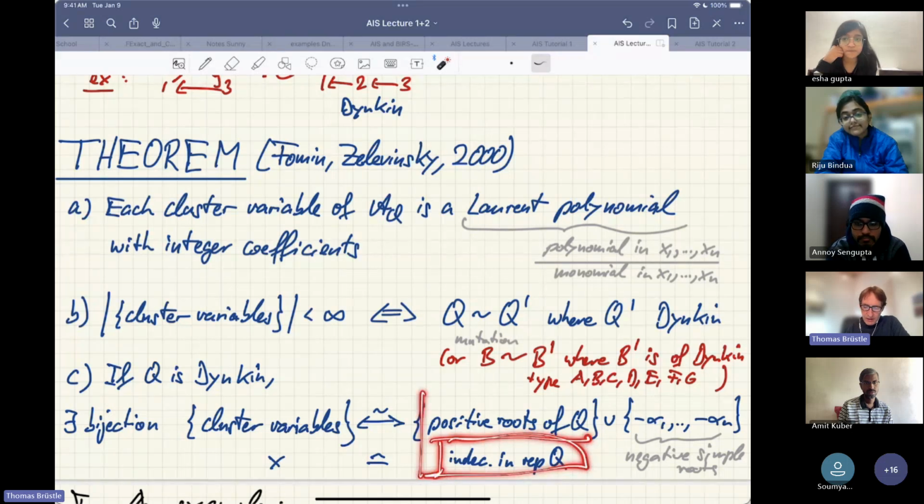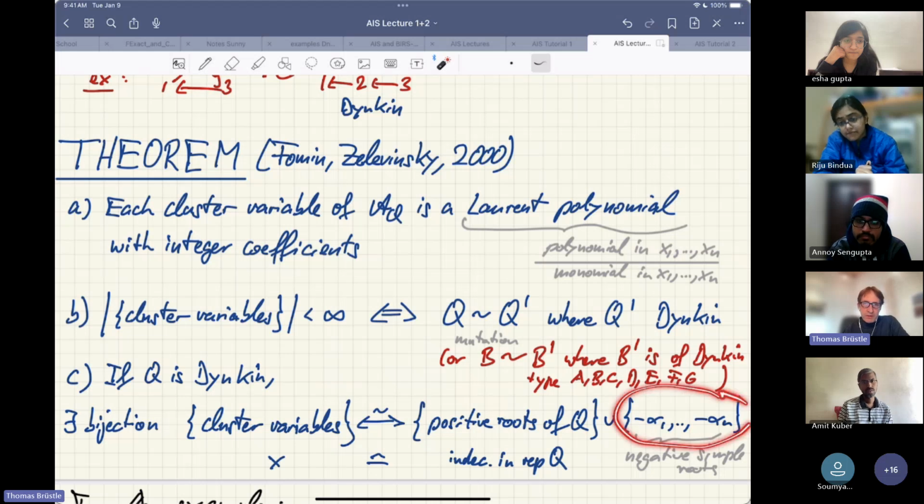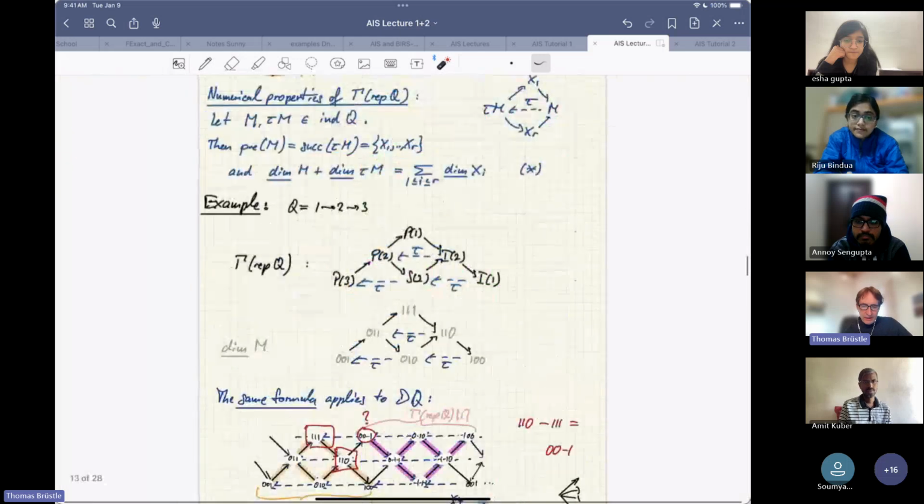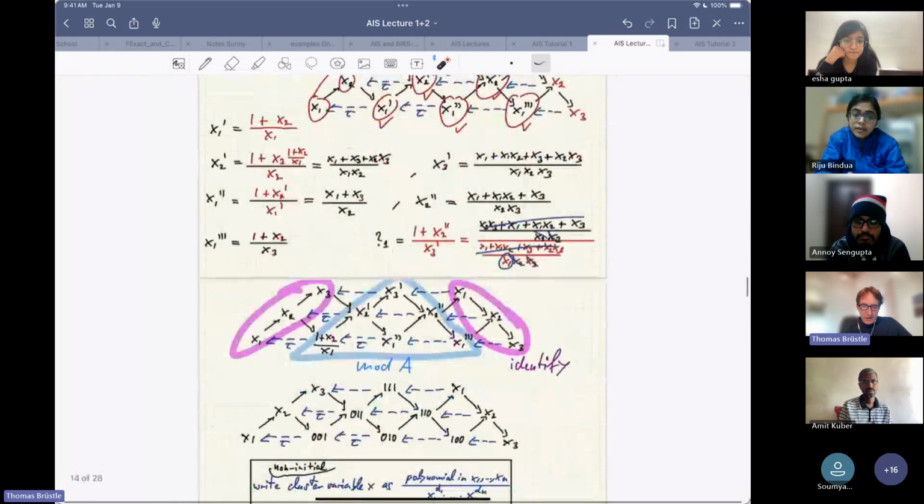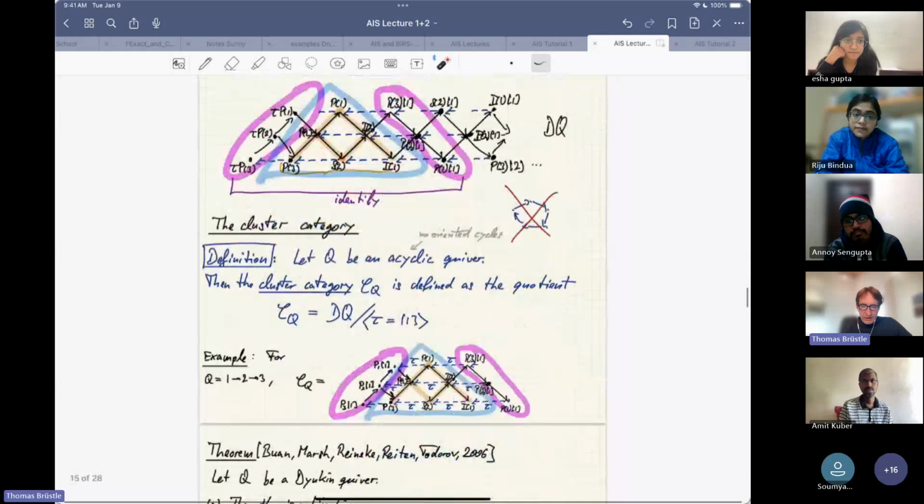So this part here, this is what I always draw in the pictures like that. This is the category of representations. And then we need to give ourselves like n more objects. So we have to enlarge it. And this is exactly what happens in that definition of the cluster category.